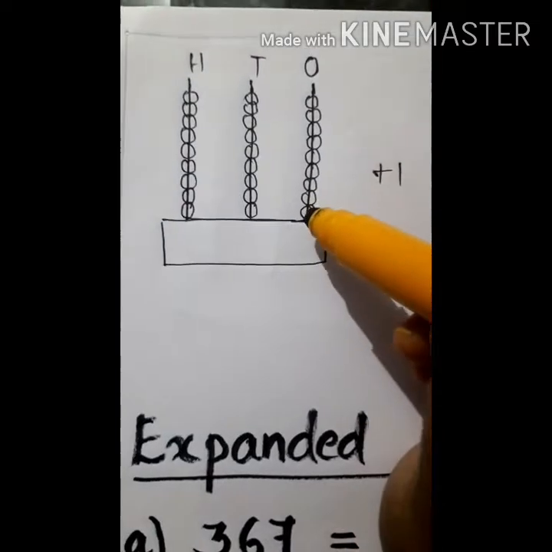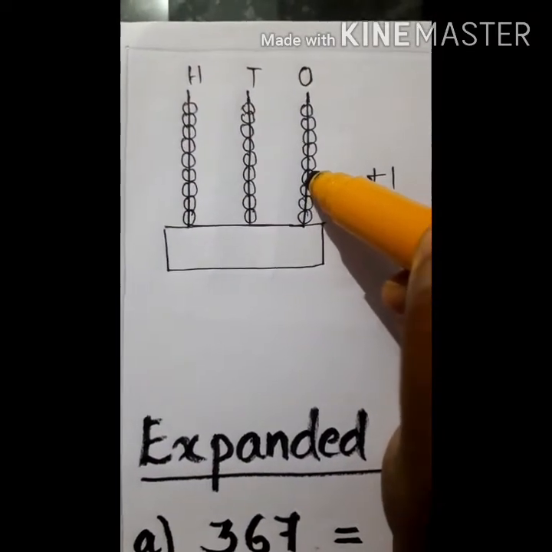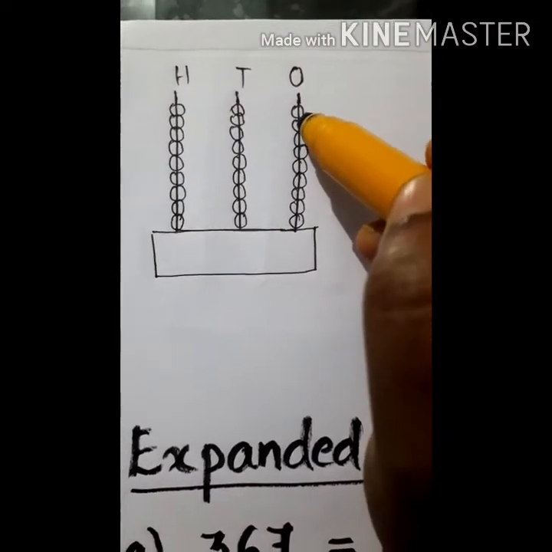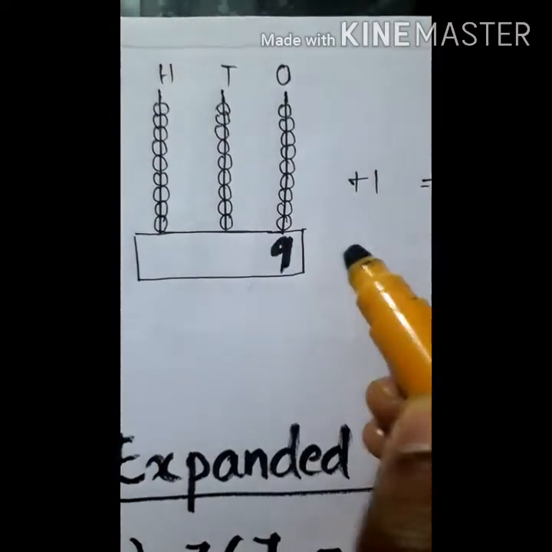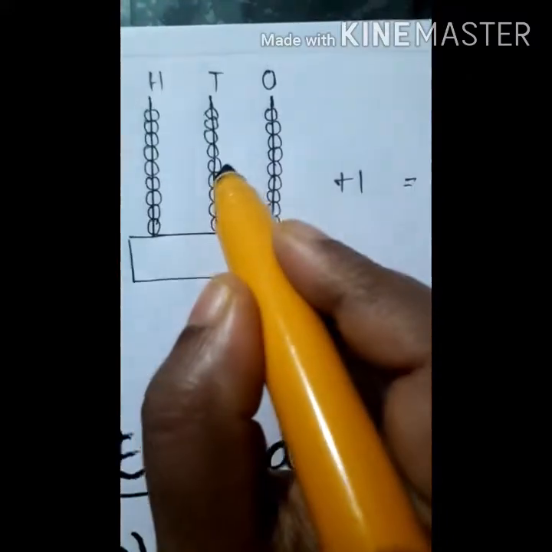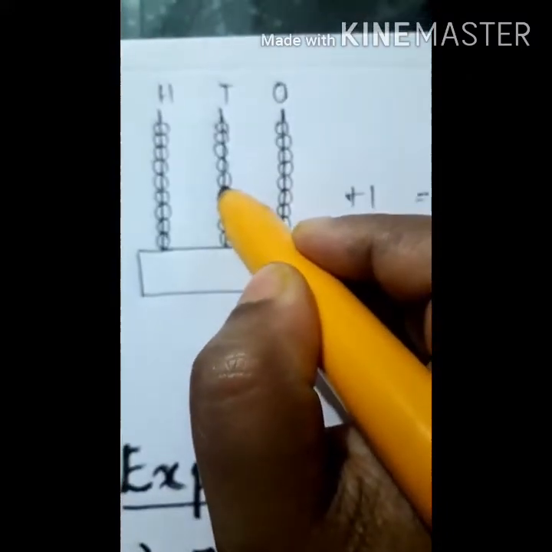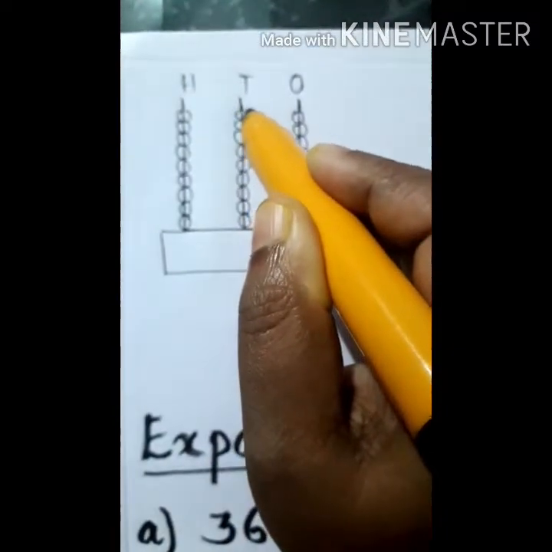So count the beads in ones place: 1, 2, 3, 4, 5, 6, 7, 8, 9. I will write here 9. Next, count the beads in tens place: 1, 2, 3, 4, 5, 6, 7, 8, 9.